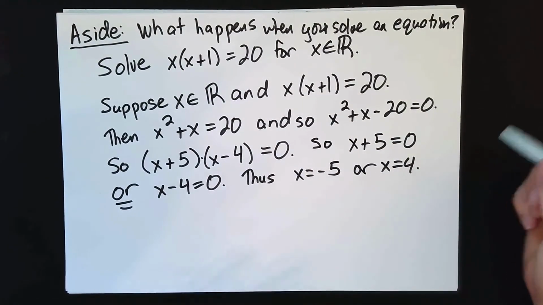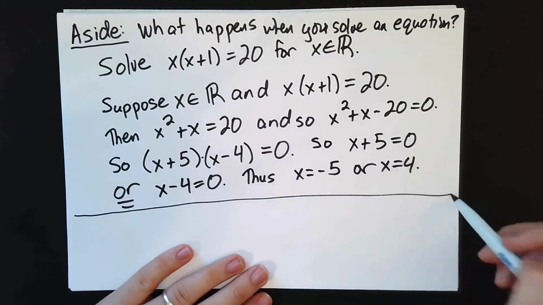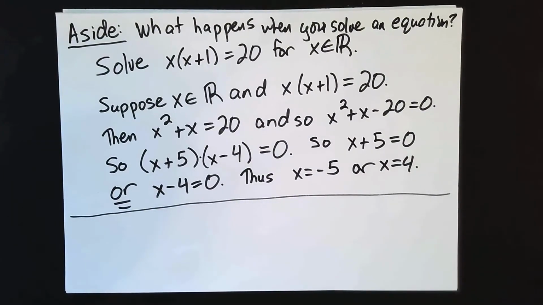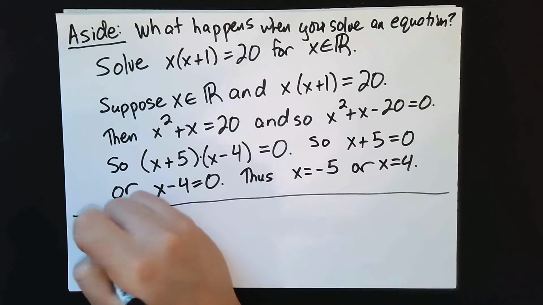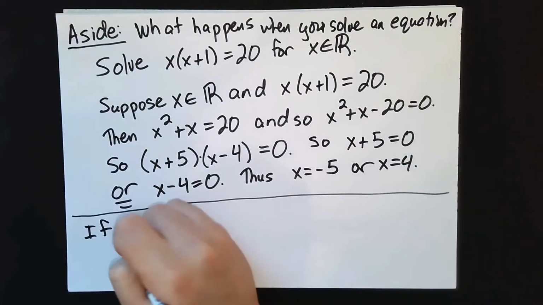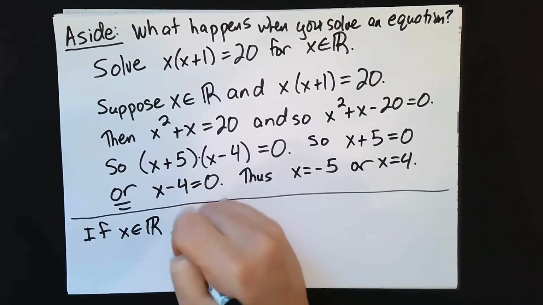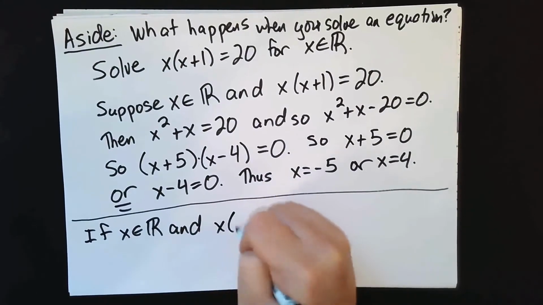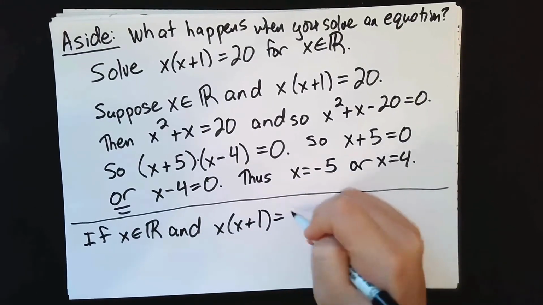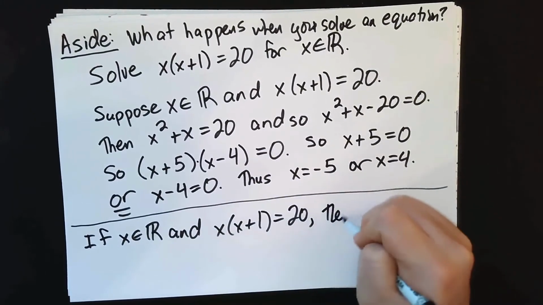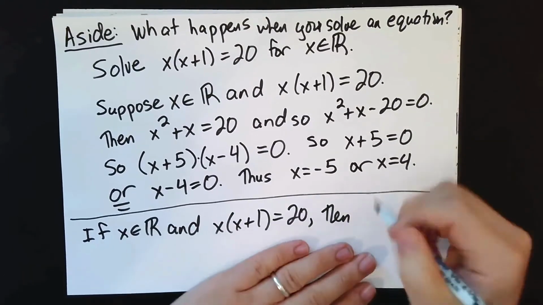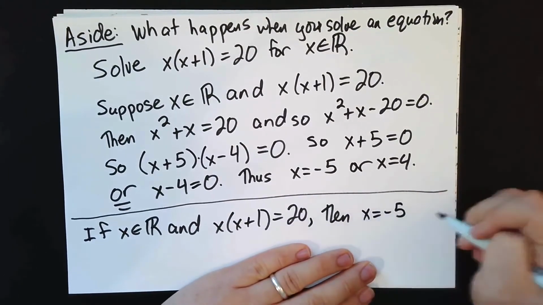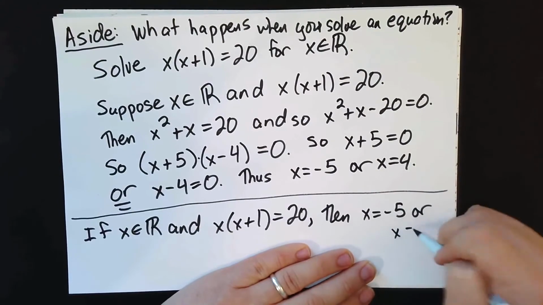And so what is it we've really proven? We've really proven here that if x is in R, and x times x plus 1 equals 20, then x equals minus 5, or x equals 4.